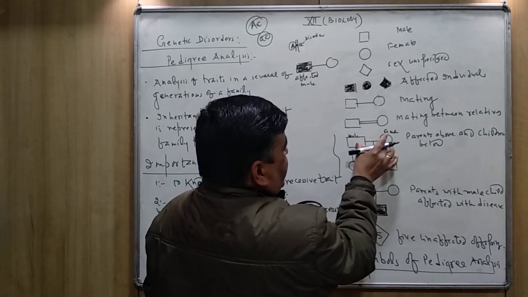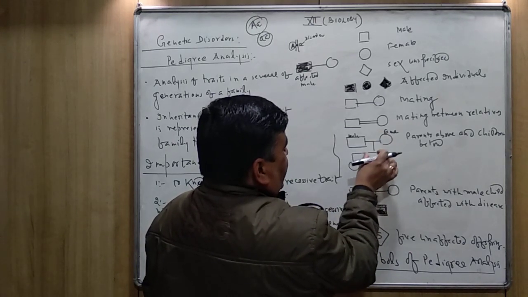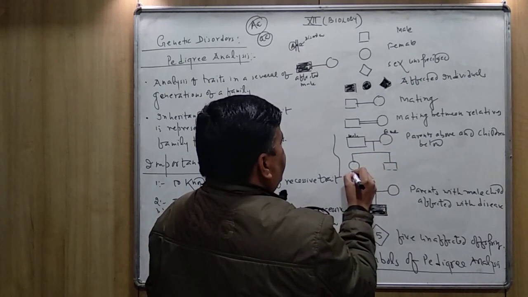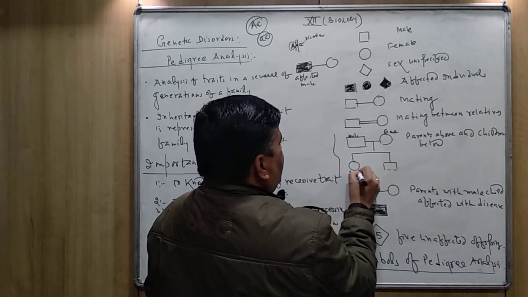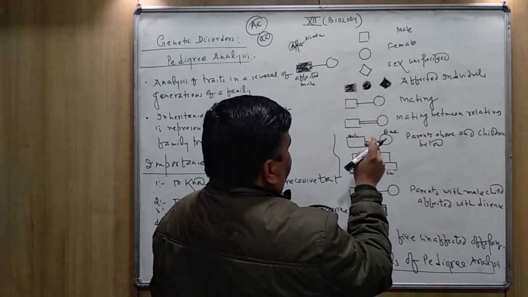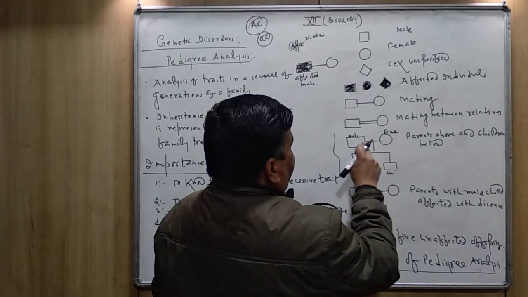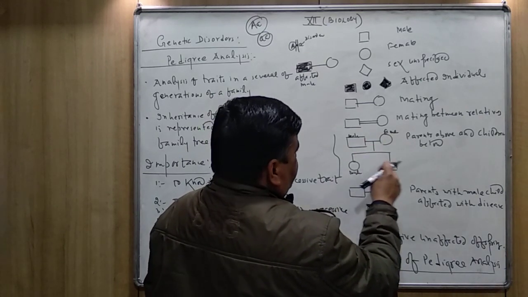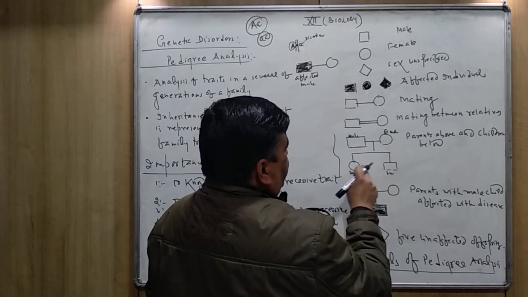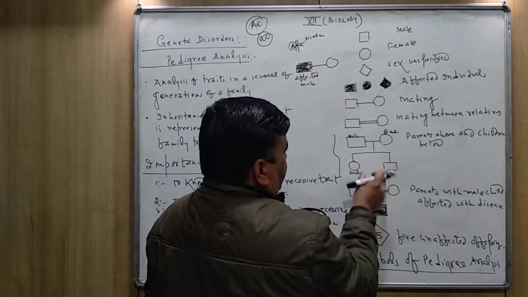So the parents are above and children are below. This is the daughter and son, or you can say the female and male. So the parents are above and their first generation offspring, the female and the male, are below.